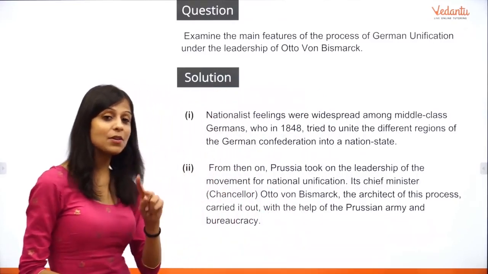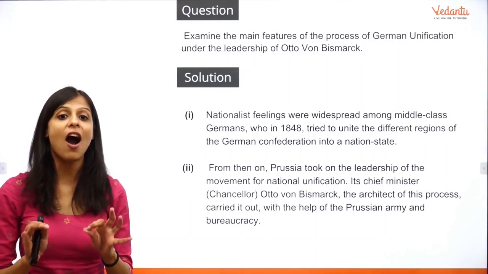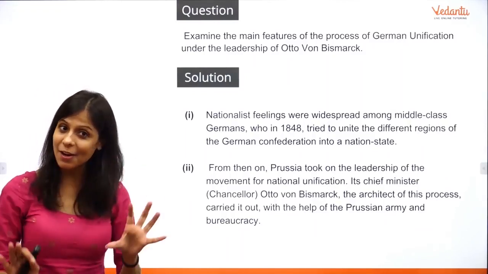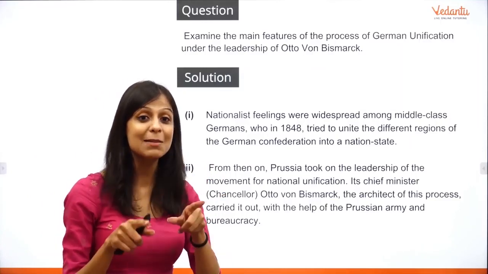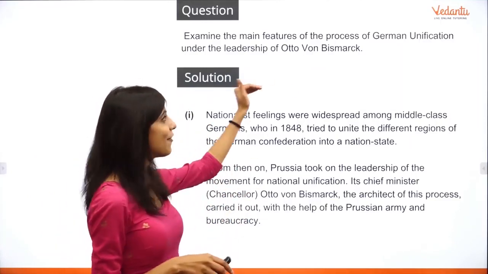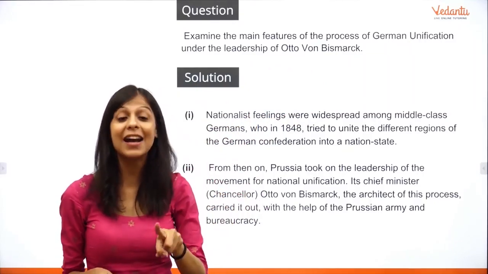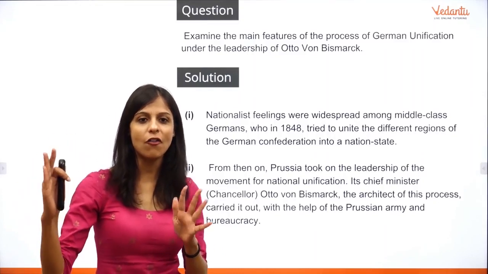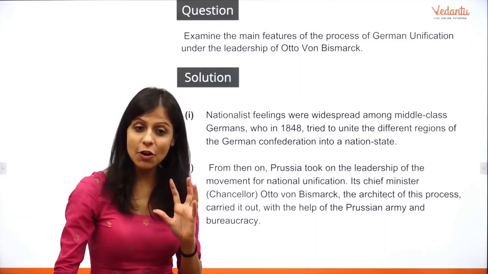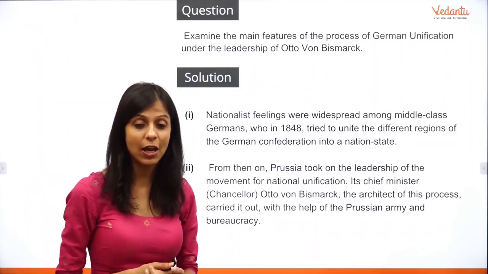This person, Otto von Bismarck, is considered the chief architect of this entire process. So before you kickstart your answer, please make sure that you write a very good introduction that Otto von Bismarck is considered the chief architect of the unification, or German unification for that matter.